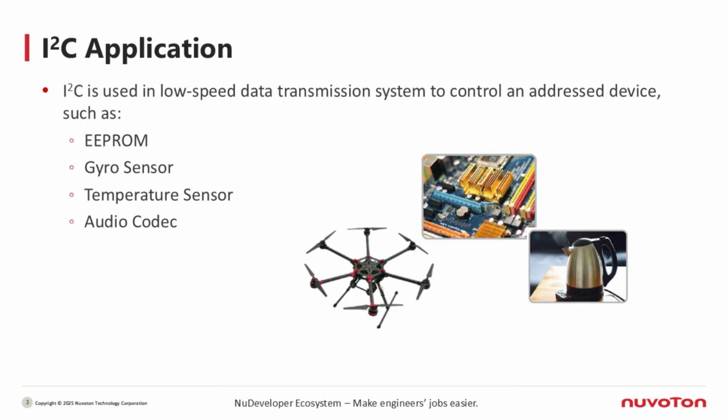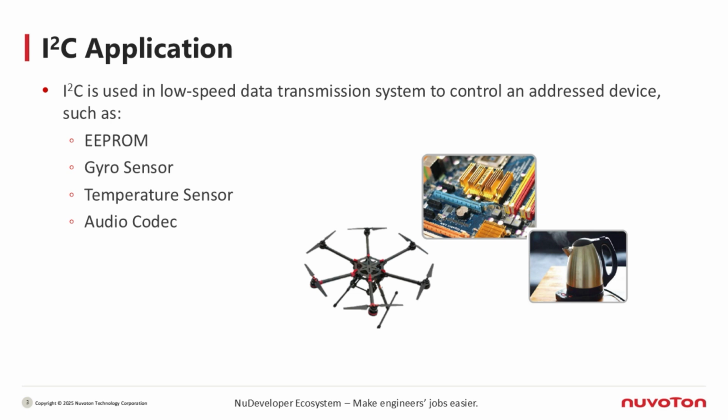Now let's talk about how I2C is actually used in real products. It's a protocol that works really well for low-speed data transfer, so you'll see it in a lot of common peripheral devices. For example, things like EEPROMs that store system configurations, or G sensors that detect movement and tilt, almost always use I2C. Temperature sensors are another very typical example.